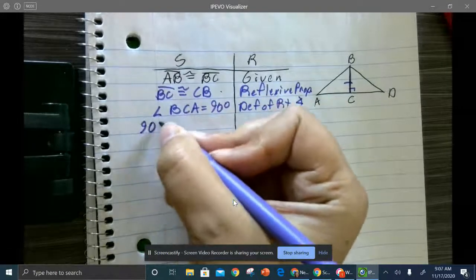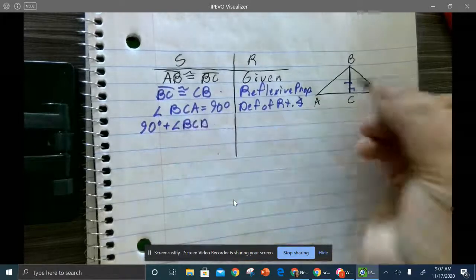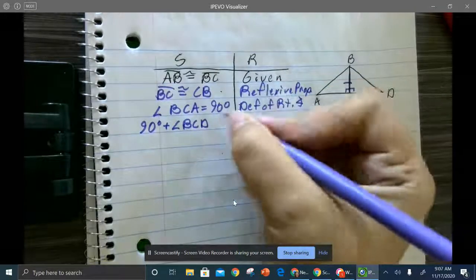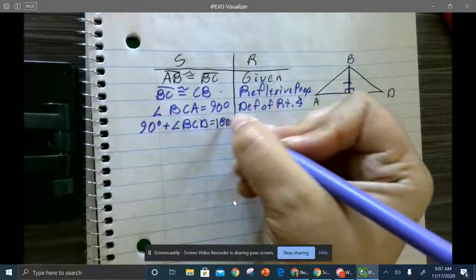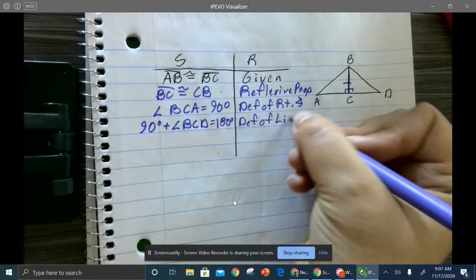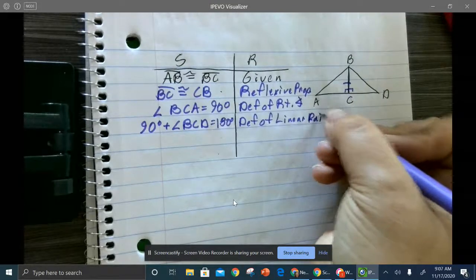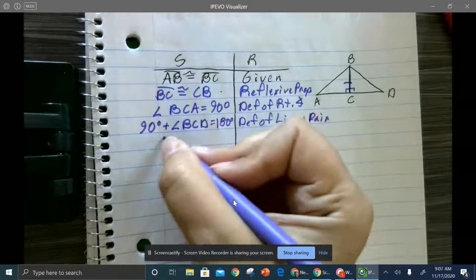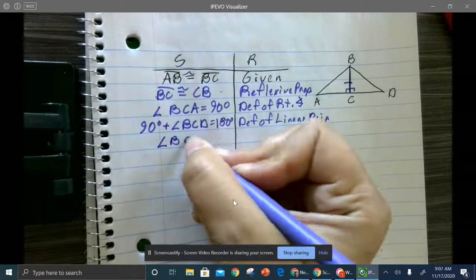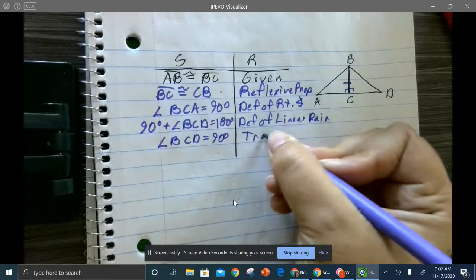So 90 plus BCD, so this angle, is equal to 180. Definition of a linear pair. Okay, and then angle BCD is equal to 90 degrees by our transitive property.